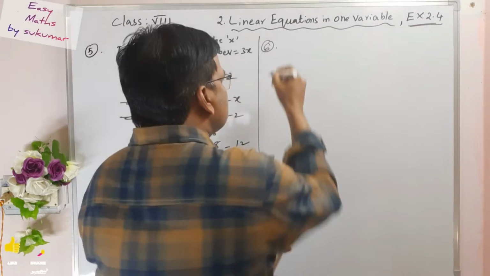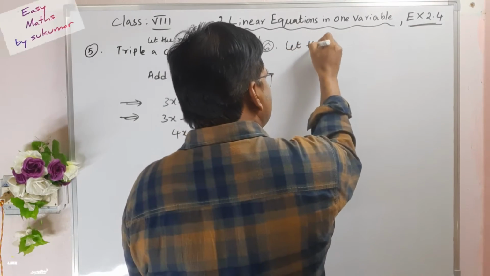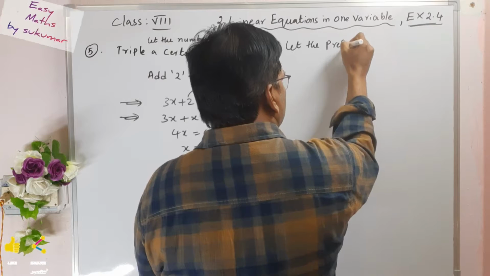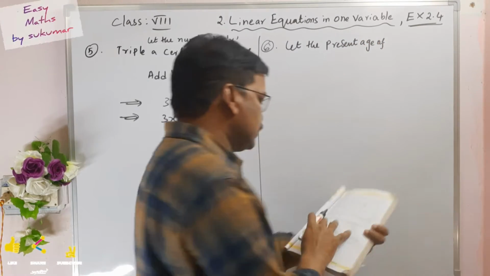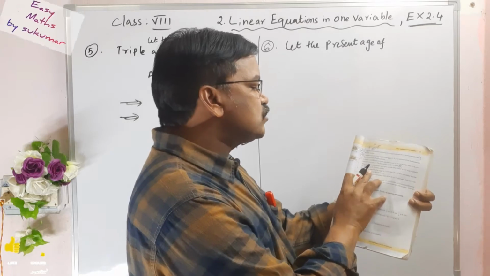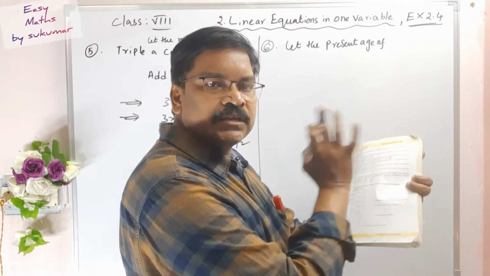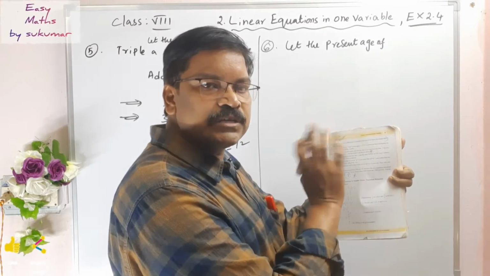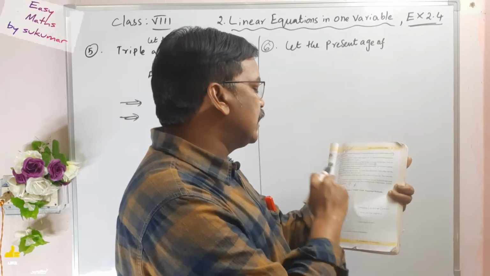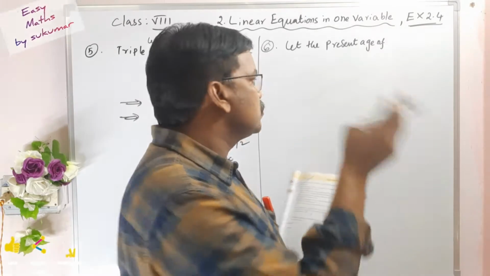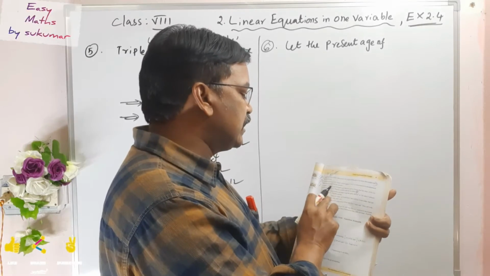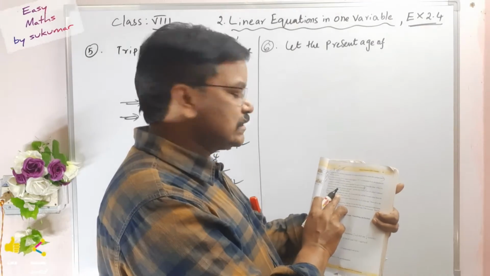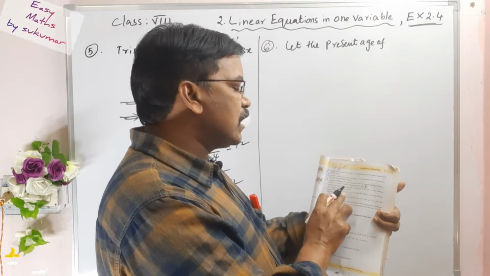Okay, so let us take, let the present age of... here it is given Mary is twice older than her sister. Here the statement is a combination of the ages of Mary and her sister. First Mary is given, Mary is twice older than her sister.